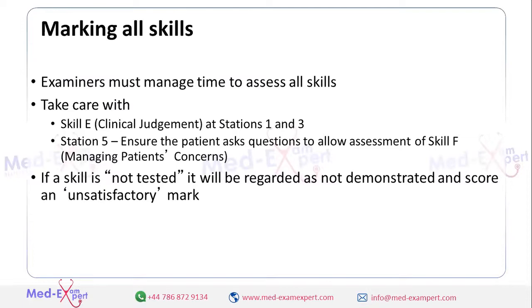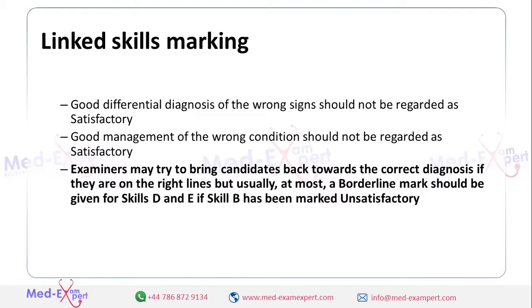So we know all 7 skills will be judged in station 5. Do remember, if the clinical diagnosis or clinical judgment is wrong, you will have only borderline marks from there on, because you will not be given a full satisfactory score if the diagnosis is incorrect. That is called linked skill marking.